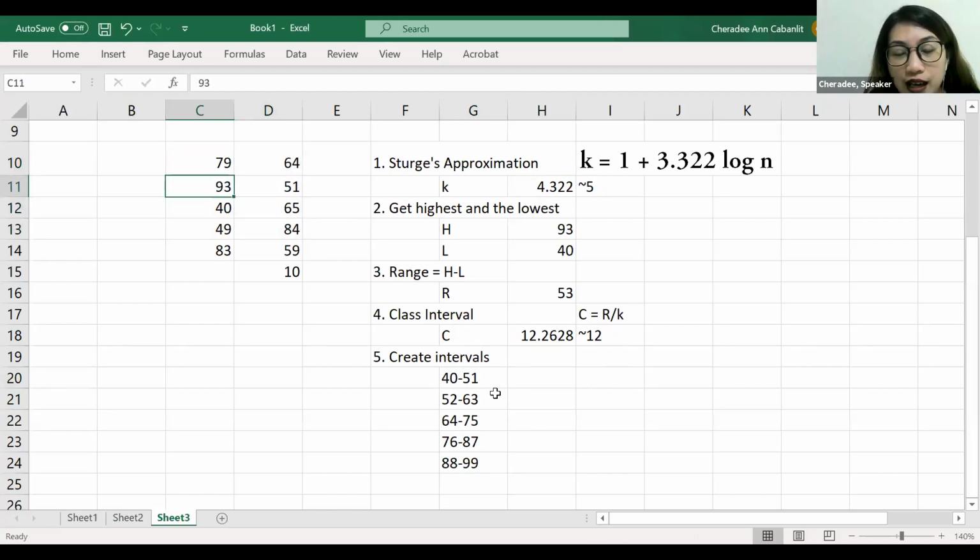So 87 plus 12, then 88 plus 12 gives 99. So 88 to 99. As you notice, we have 1, 2, 3, 4, 5 classes.